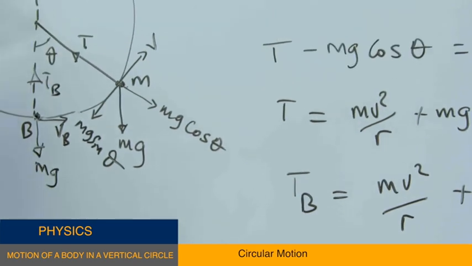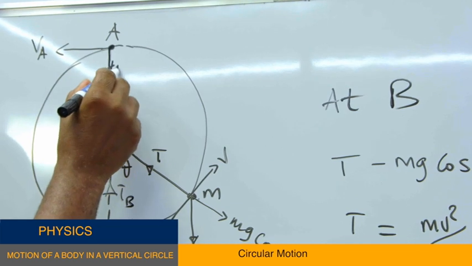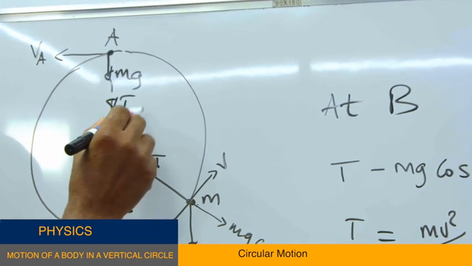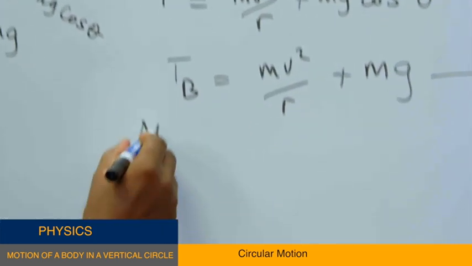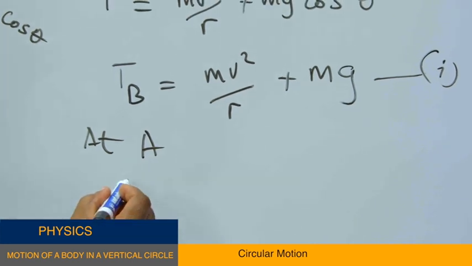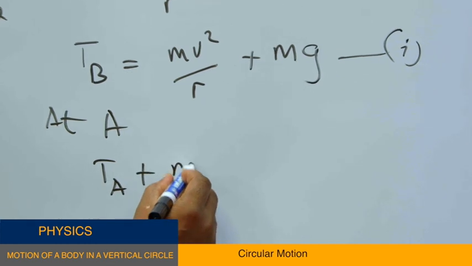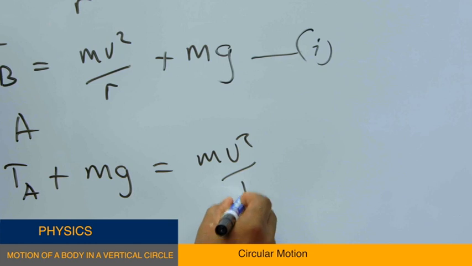And likewise, if we are looking at the tension at the top, the mass here is still acting downward, but the tension is also acting downward there at point A. So the tension at A, which is T_A plus mg, is just equal to mv squared over r.